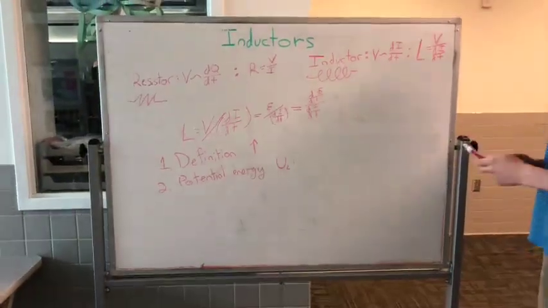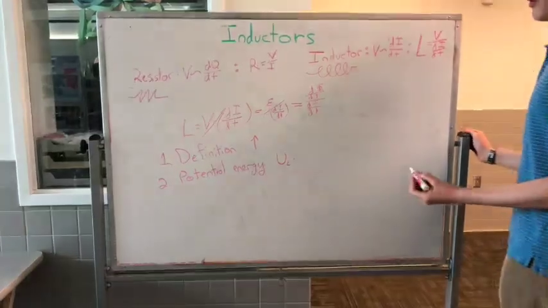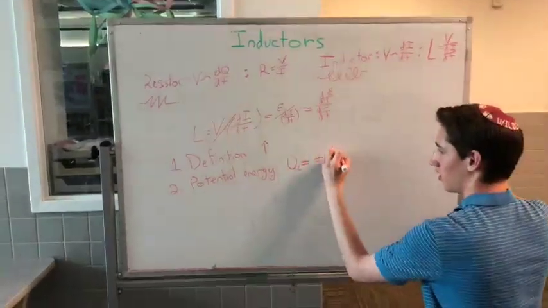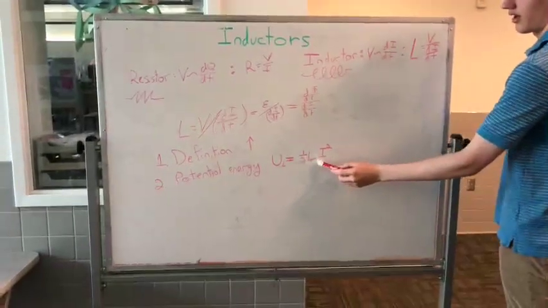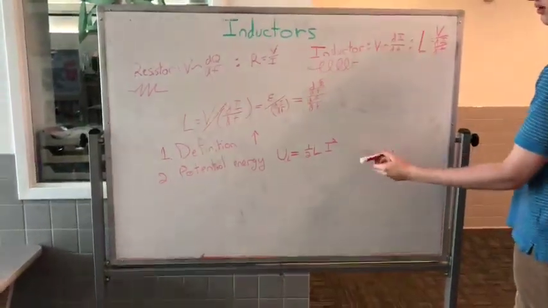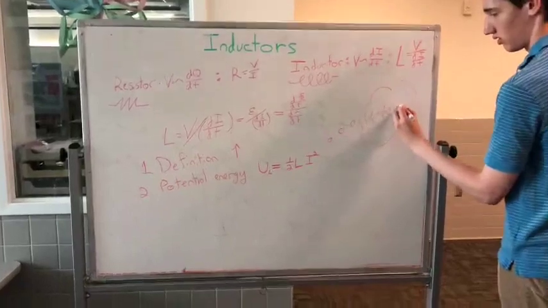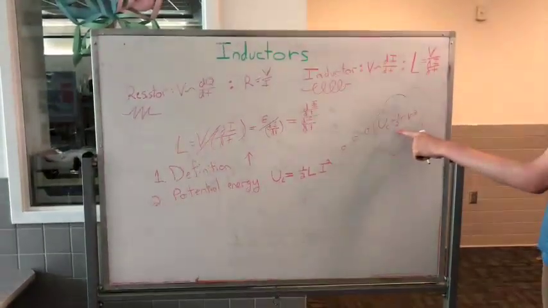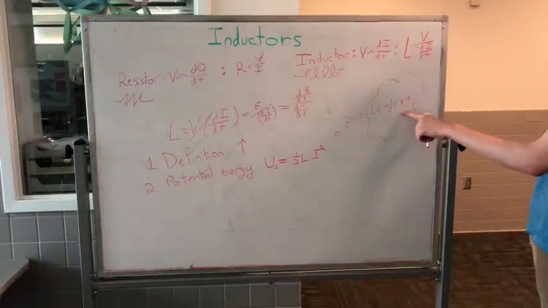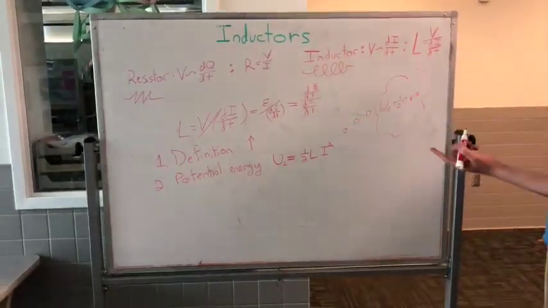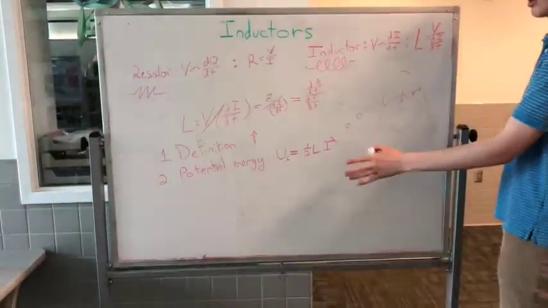The second equation is for the potential energy of an inductor, and it's just equal to 1/2 L i squared. And this is very similar to a capacitor, which has a potential energy of 1/2 C V squared. And you don't really need to understand this conceptually.